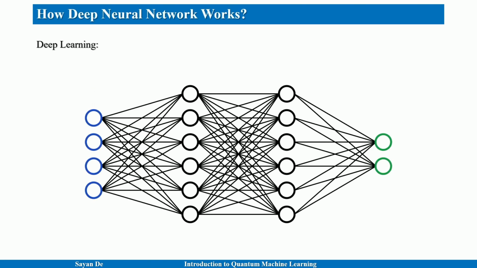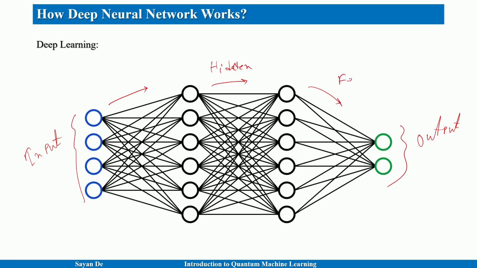When we talk about machine learning, let me just introduce a small part about deep neural networks or deep learning. So as you can see here, we have the input layer. Here we have the output layer. In between, this is all our hidden layers. Okay. So from input, it is going forward like this.